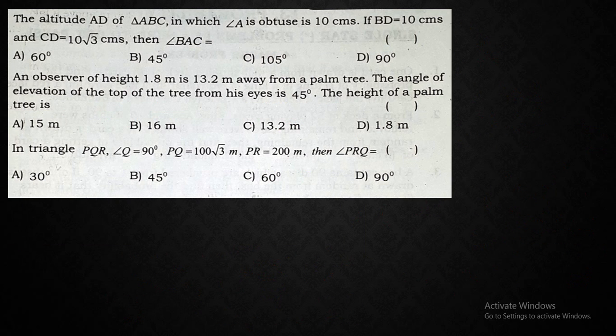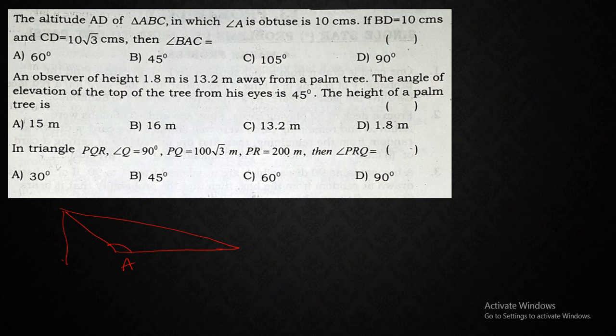So altitude AD of triangle ABC. So there is a triangle ABC in which angle A is obtuse. Angle A is obtuse means we need to take an obtuse angle triangle. So this is angle A and altitude.